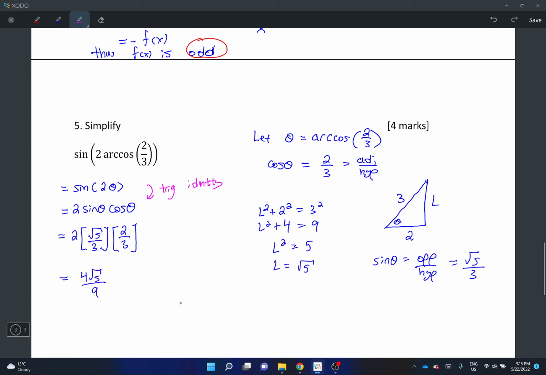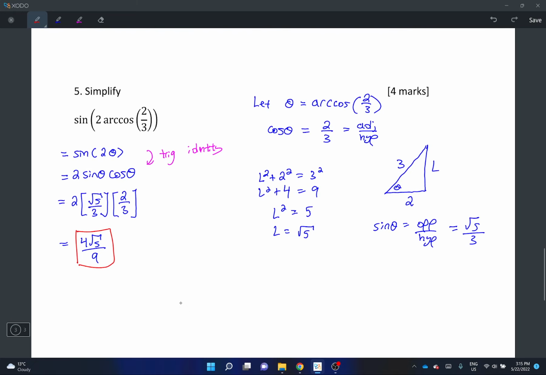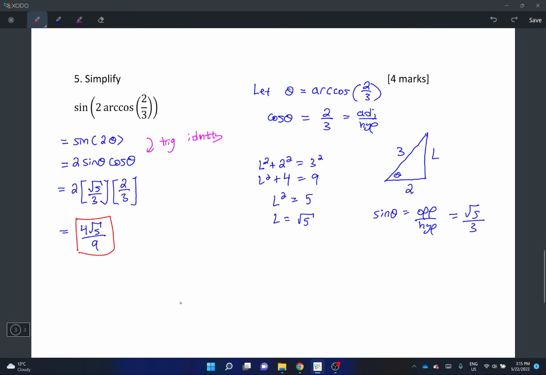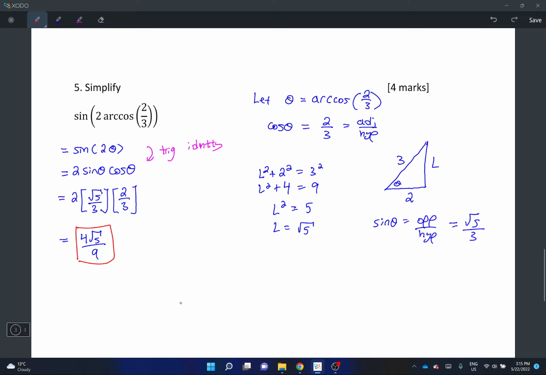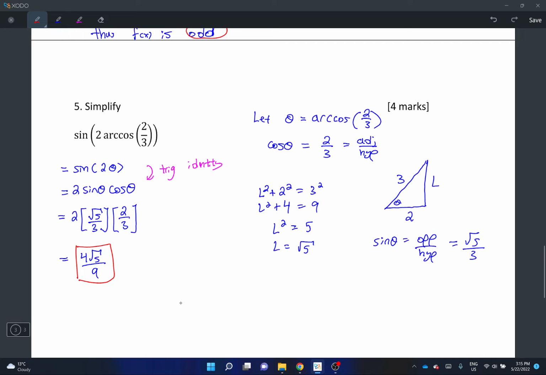So that is the answer, 4 root 5 over 9. I'm just making sure everything adds up.